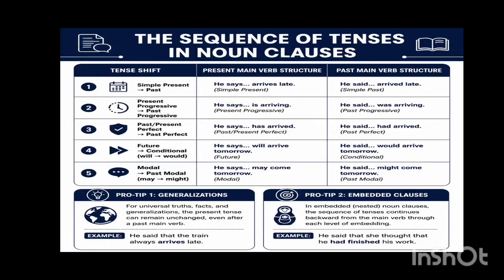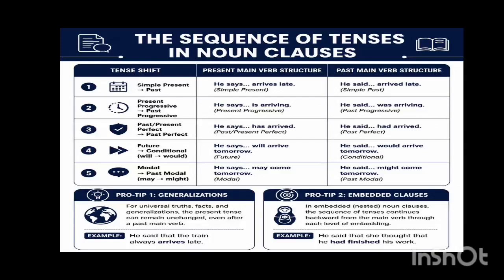Even though said is past, the train still arrives late every day. It is a permanent fact, and so we keep the present tense. If you changed it to arrived, it might sound like the train doesn't do that anymore.